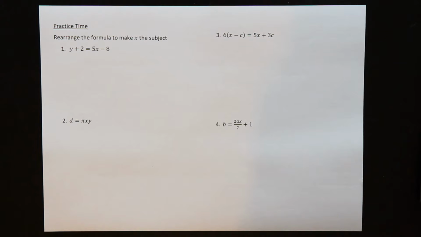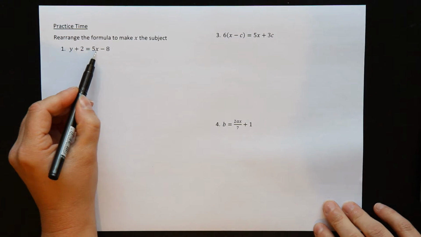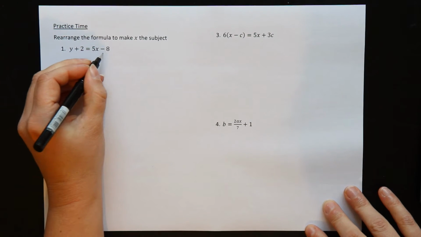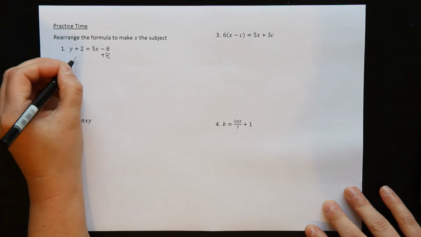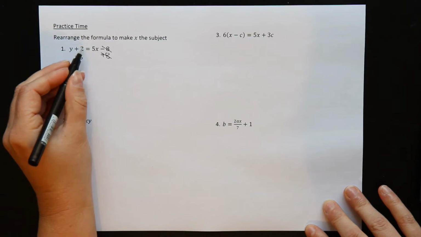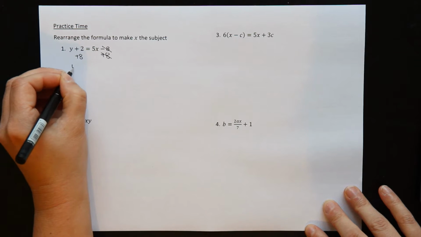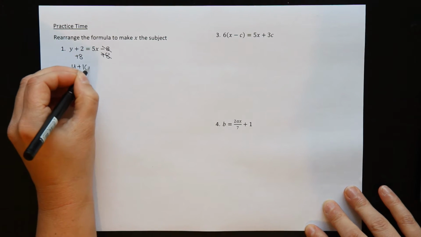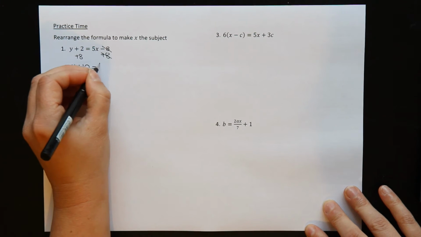So question 1, we're rearranging to make x the subject. x is over on this side, I need to move the 8 and the 5. First of all, let's do the 8. We need to add 8 to both sides. Now this 8 can actually be added to the 2, so I would get y plus 2 plus 8, which is 10, is equal to 5x.